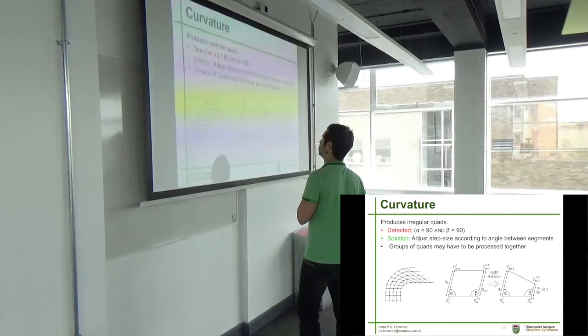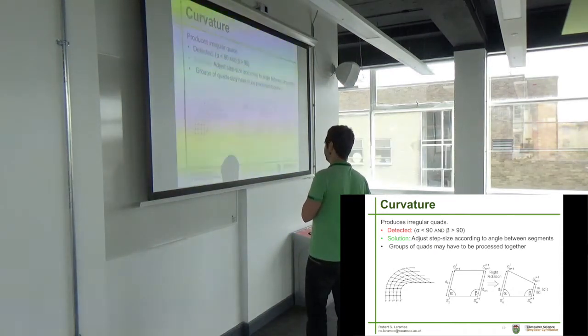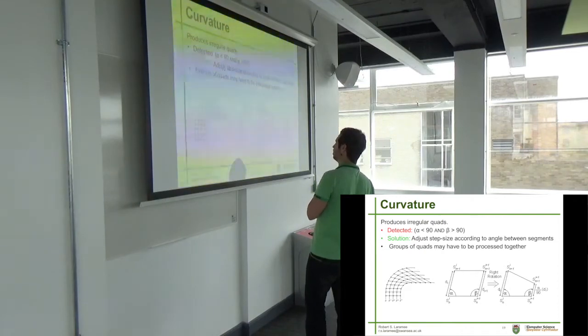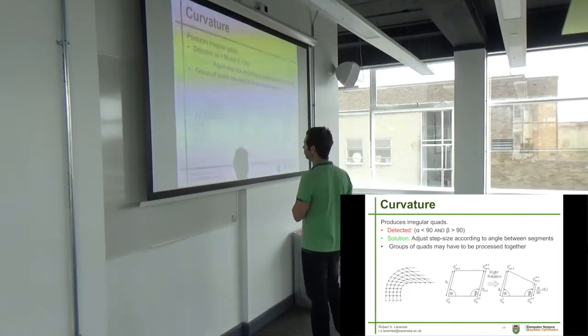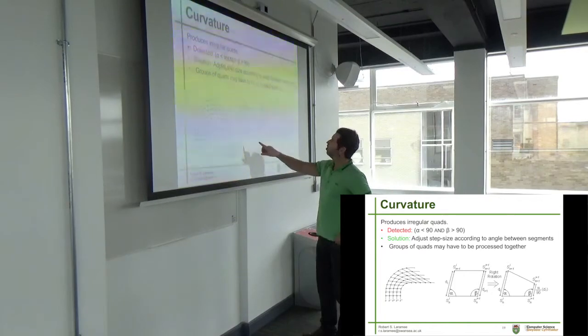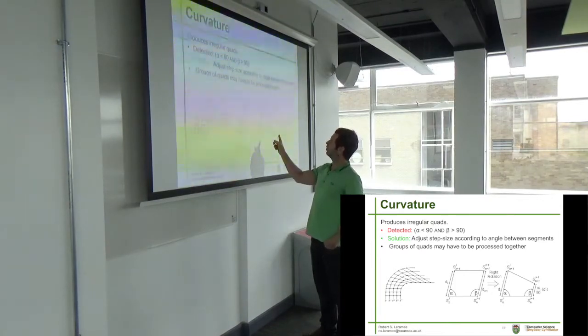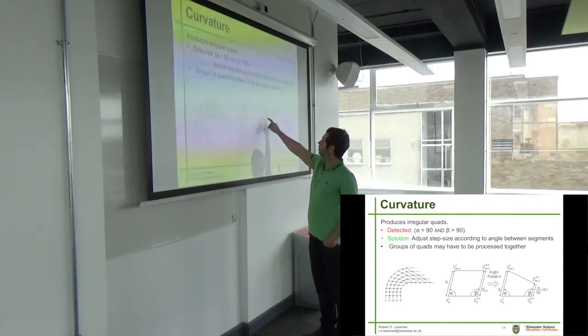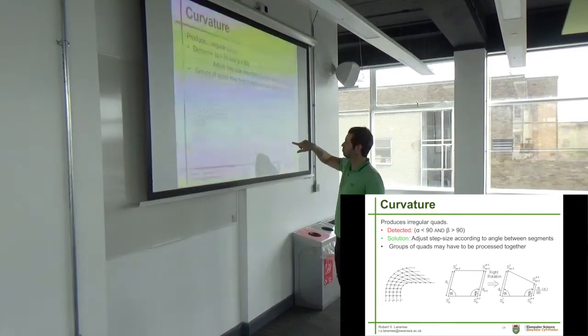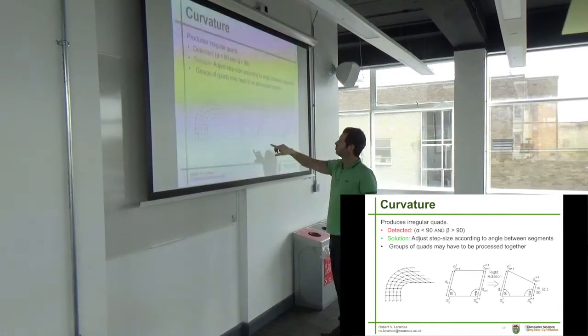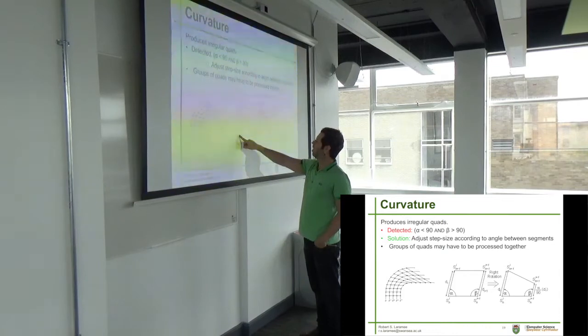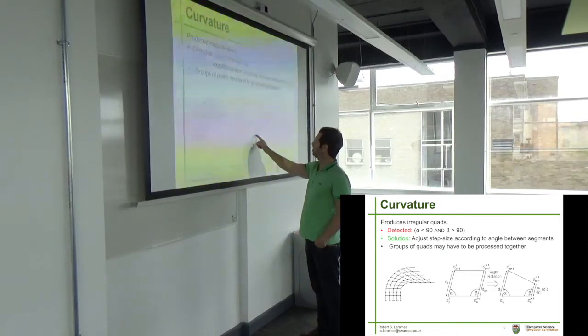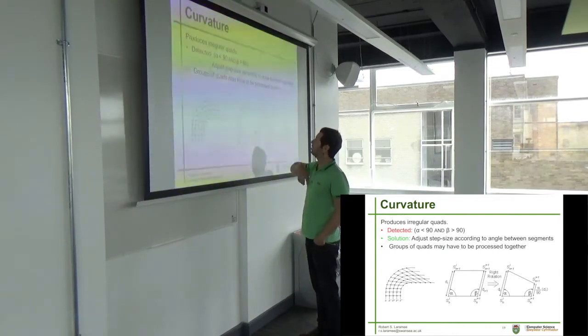So how do we detect curvature? You probably could make good educated guesses based on the previous 2 tests. But this is right curvature, in this right rotation, in this example. So we look for an angle alpha of less than 90 degrees and beta greater than 90 degrees.